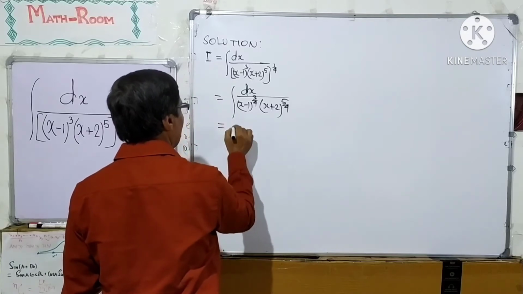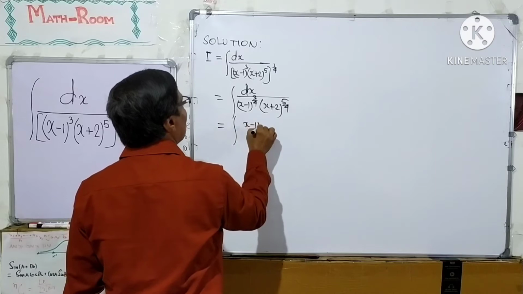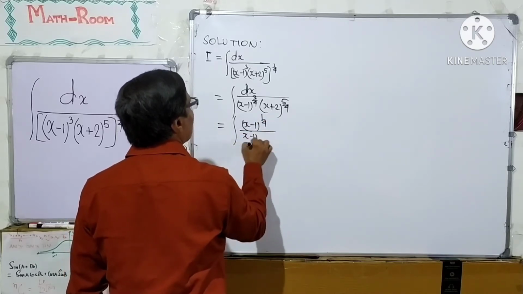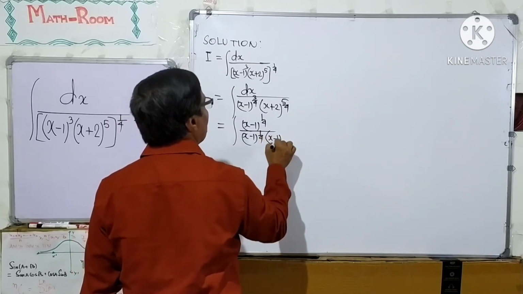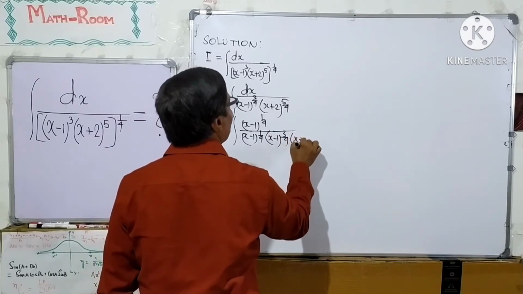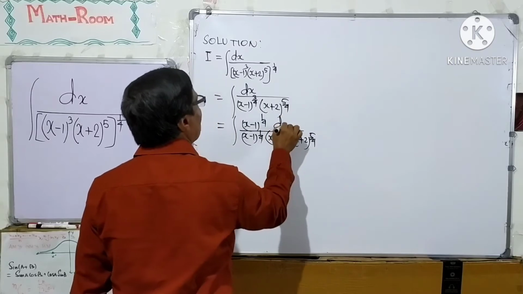After multiplying this, we get (x minus 1) to the power 1 over 4 in the numerator, and in the denominator (x minus 1) to the power 1 over 4 times (x minus 1) to the power 3 over 4, which is only (x minus 1), and (x plus 2) to the power 5 over 4 dx.